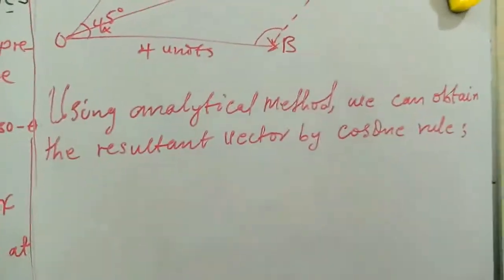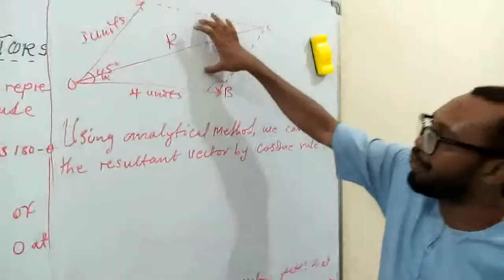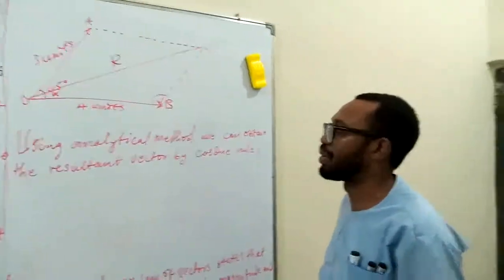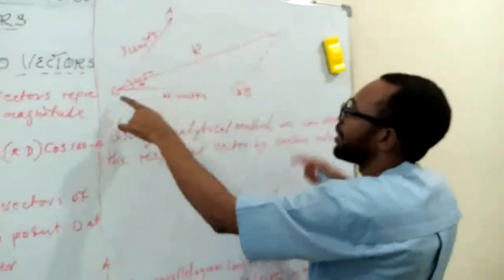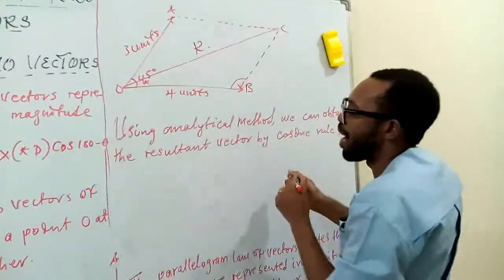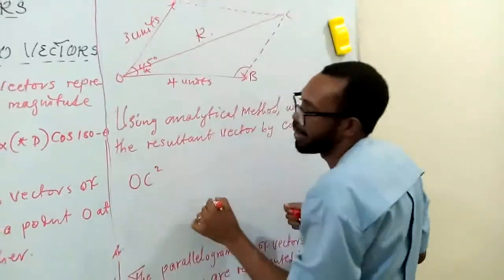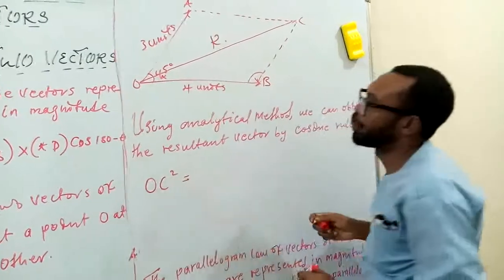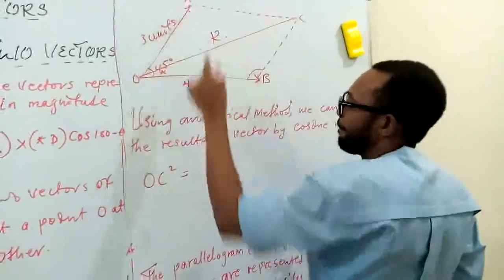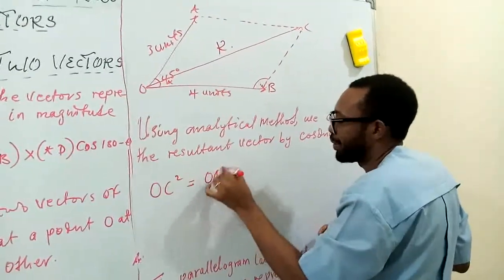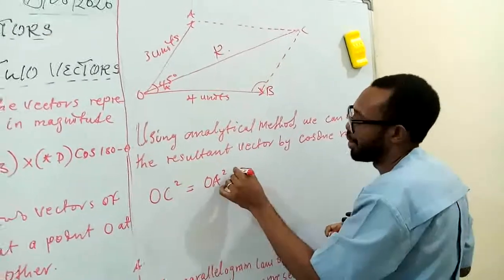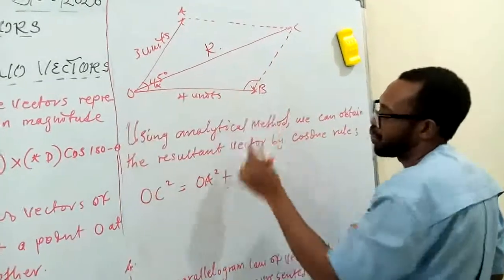Of course, you know how to bring out your cosine rule from a diagram of this sort. So the resultant, which is arrow, is OC. So I will have OC squared is equals to OA squared plus OB squared.